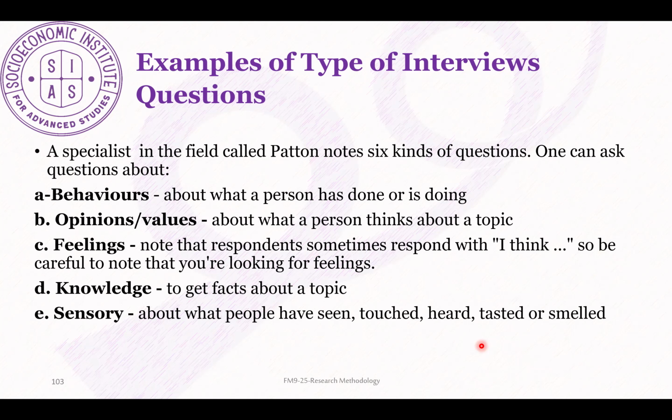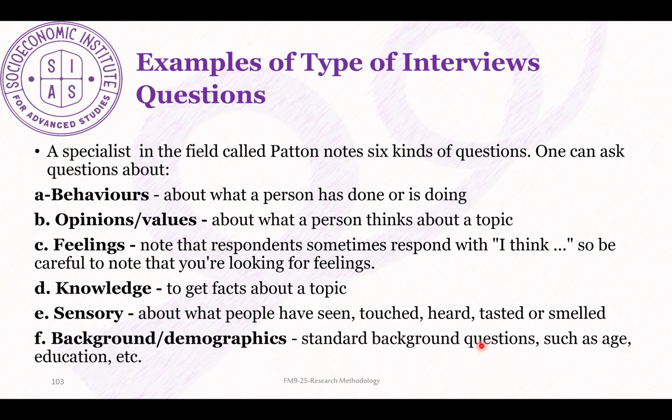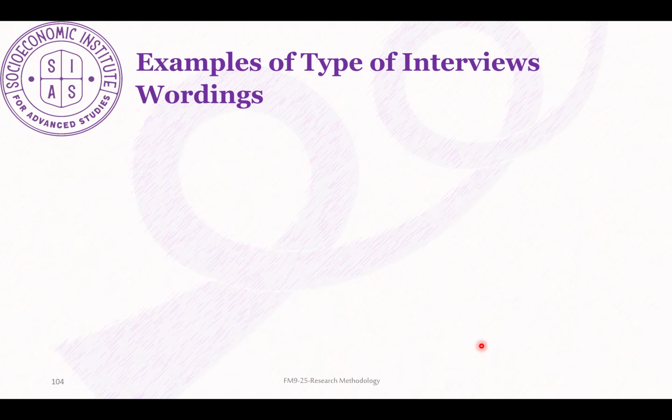What type of things can we approach through these people, for example, their experience in touching something, or their experience in tasting, hearing or smelling something. And of course, we also need to think about what type of background or demographics they come from or represent, such as age, education, etc.